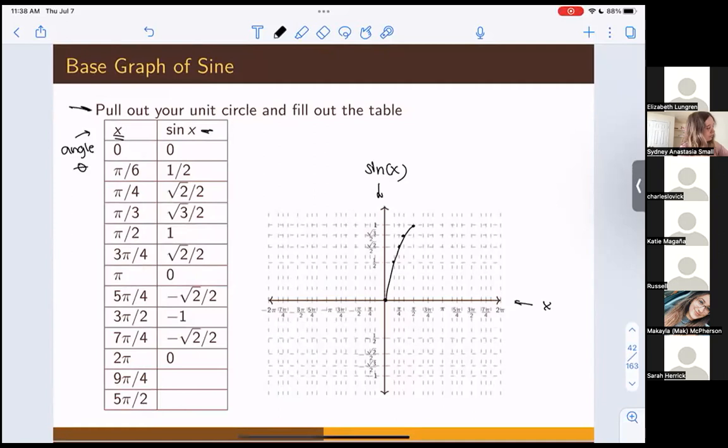And that kind of makes sense, right? If we think about our unit circle, we start, just draw these axes a little bit. Here's pi halves, radians, here's pi, here's 3 pi halves, here's 2 pi.